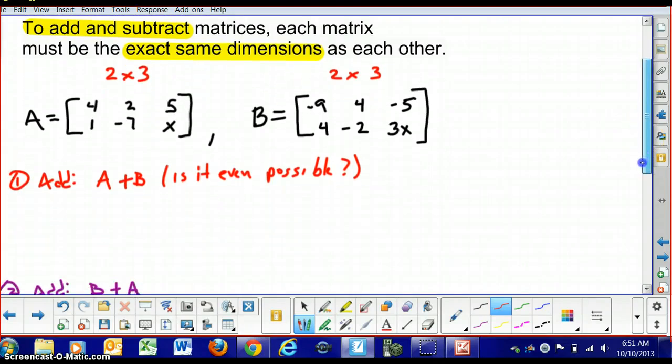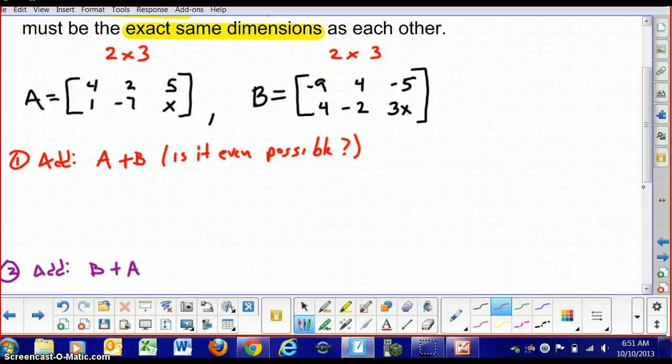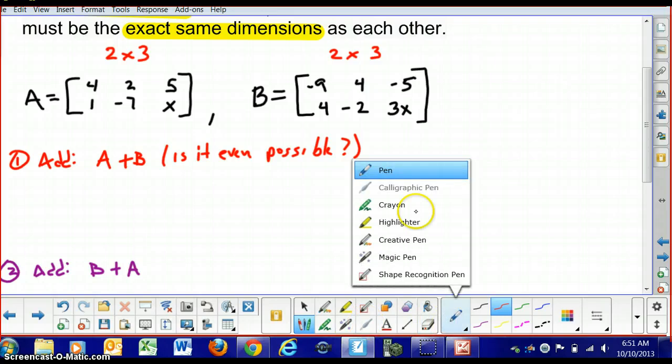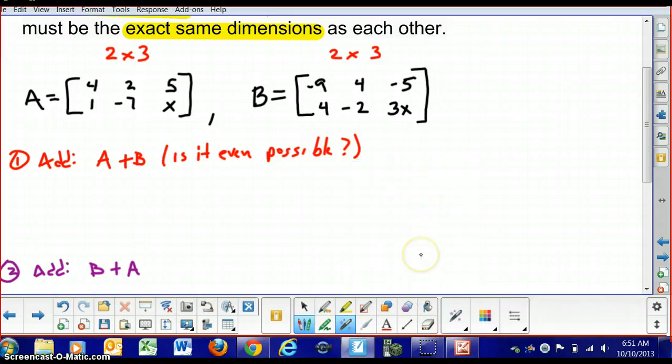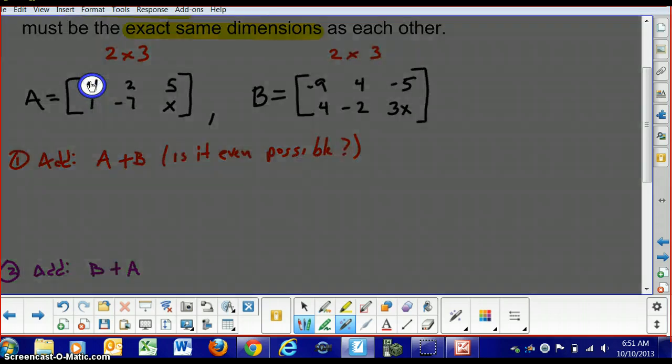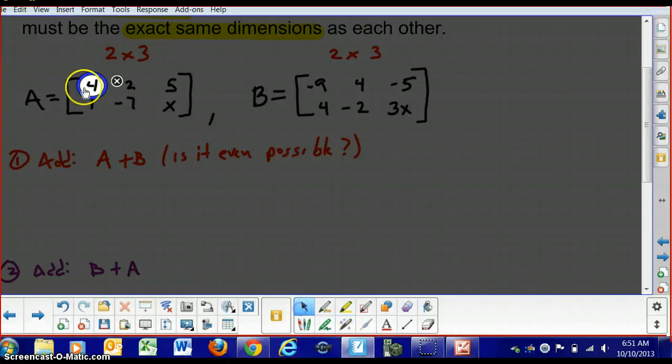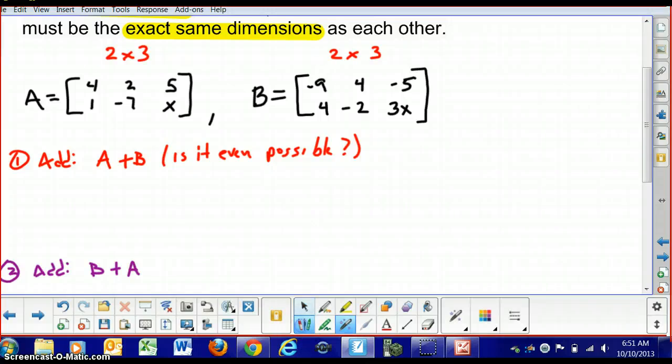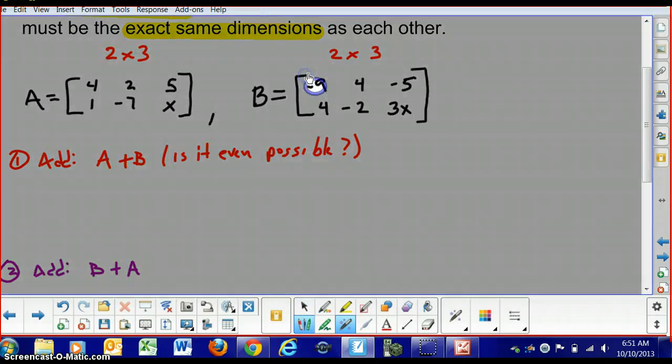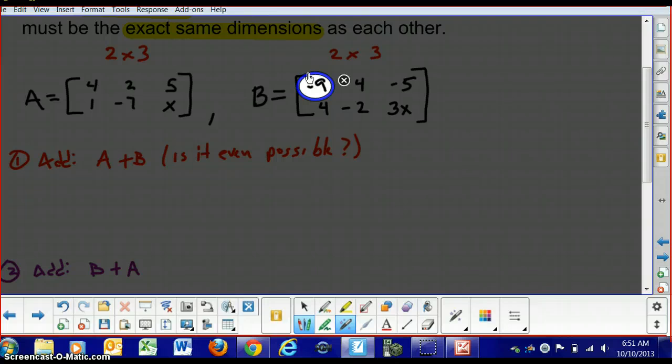Now, in order to do that, it's very, very simple. Simply add these similar elements to each other. So let's see how I can do this. Okay, so if I want to add matrix A plus matrix B, like number 1 down here is asking me to do, I take the element that's in the first row, first column, and I'm going to take this 4, and I'm going to add it to the element that's in the first row, first column over here, which is a negative 9, and I'm going to put my answer into a new matrix into the first row, first column.